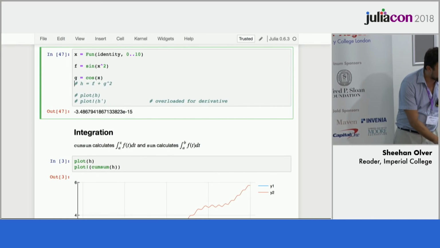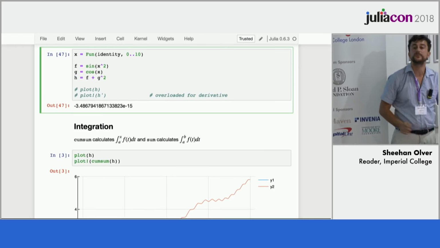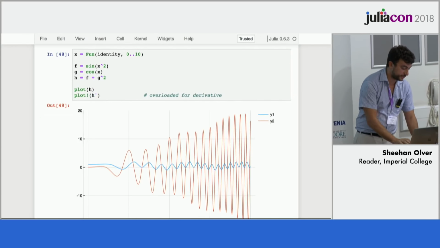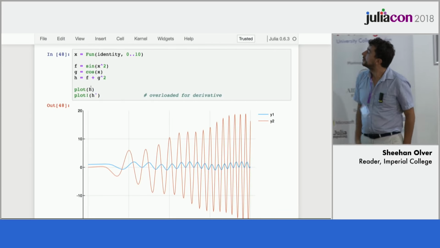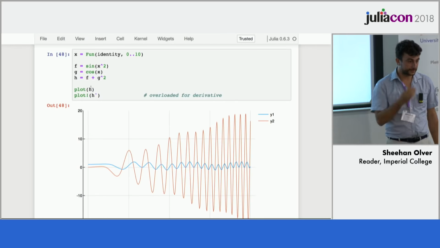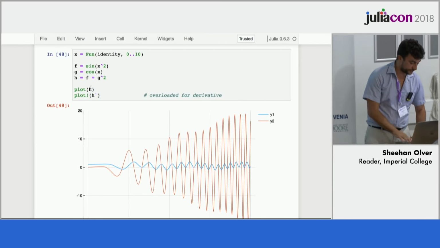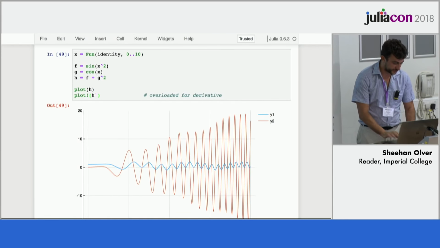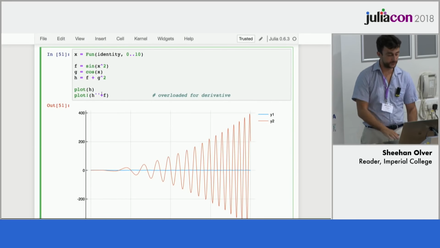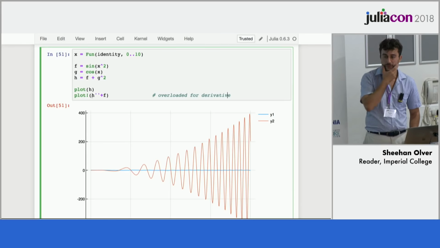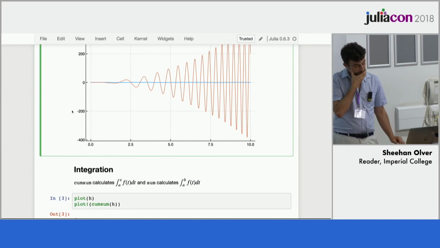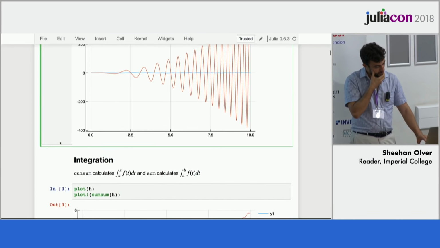You can do cos x, you can add two funs, and then finally you can differentiate it, and I've overloaded tick to mean differentiate. You can differentiate it twice, or add f, and so on. Okay, so that's differentiation.